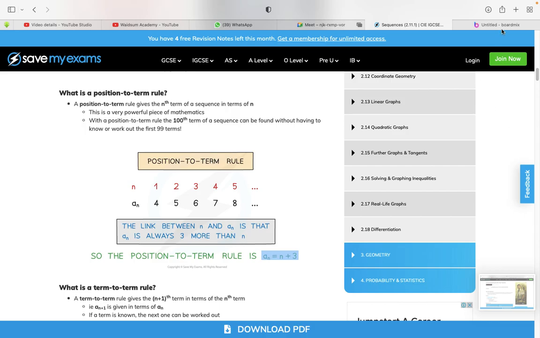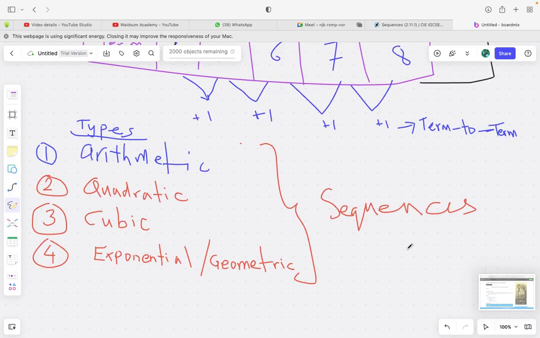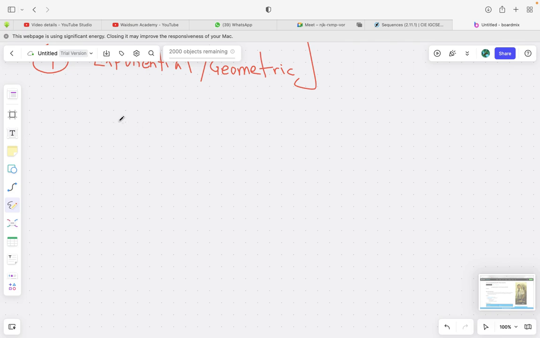Now, let's go back to the board. The position to term rule for an arithmetic sequence. Now we're treating the first one, which is the arithmetic sequence.